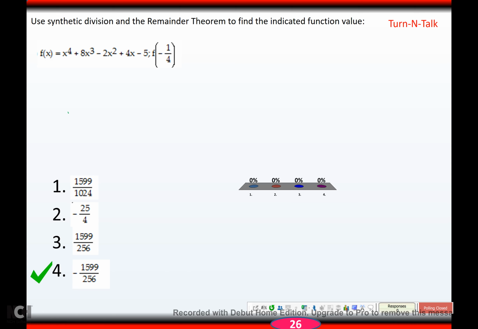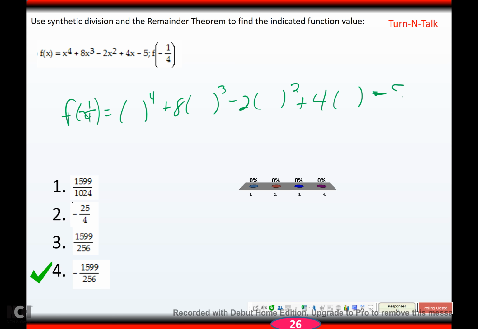So I have f of negative 1 fourth, with powers 4th, 3rd, 2nd, 1st. If I plug in negative 1 fourth there, I would just type it all in a calculator and hit math enter when you're done.